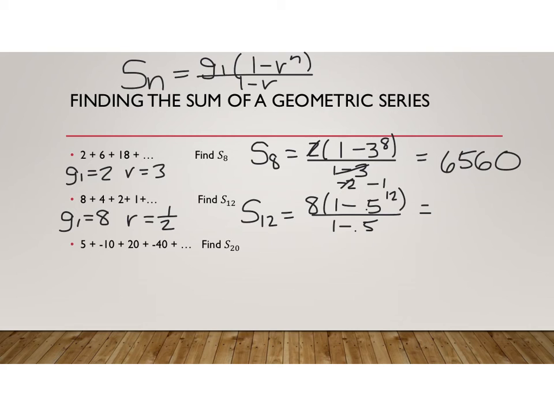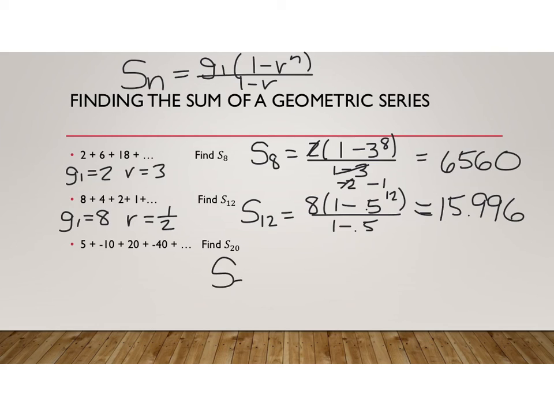So 1 minus 0.5 to the 12th. I'm going to multiply that by 8. And then I'm going to divide that by 1 minus 0.5, which is 0.5. And my sum is going to be about 15.996, approximately.